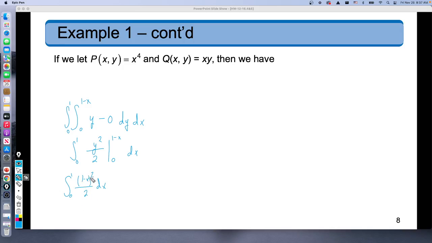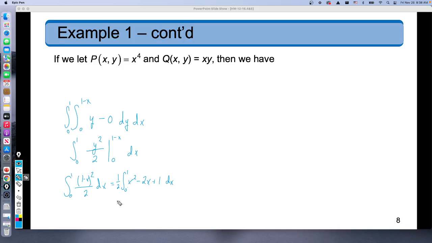So probably foiling this out would be the best for integrating. So foiling 1 minus x squared, you're going to get x squared, x times x, you're going to get a negative 2x, and then you'll get a plus 1. And everything's over 2, so we'll just move the 1/2 out front. 0 to 1.